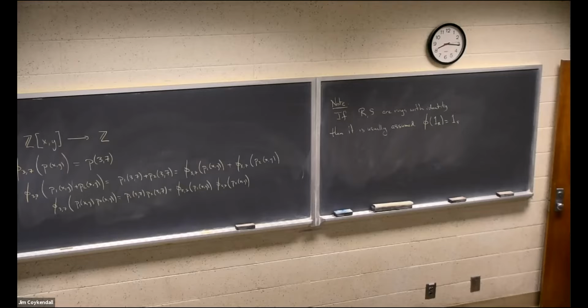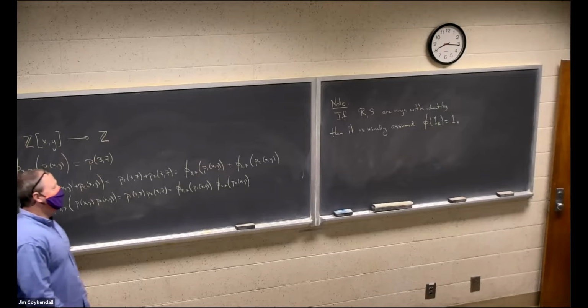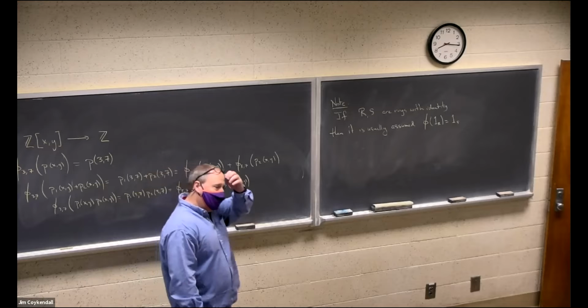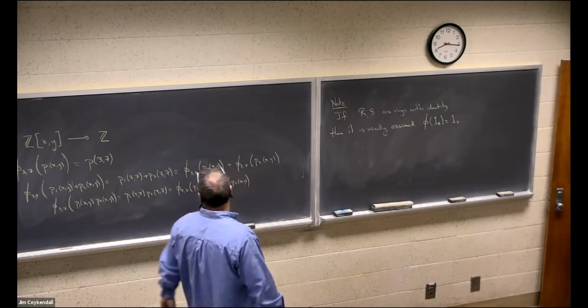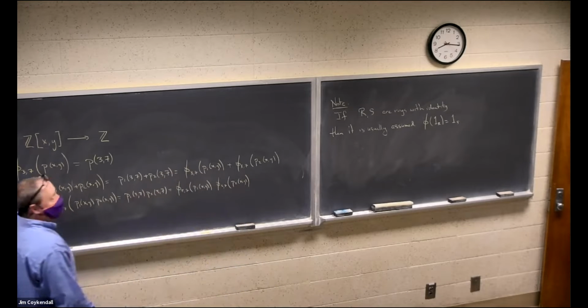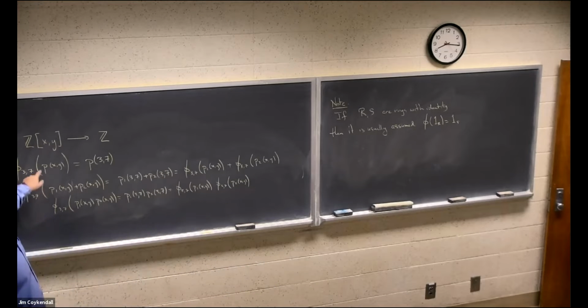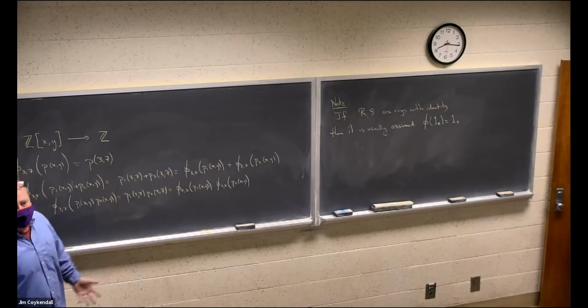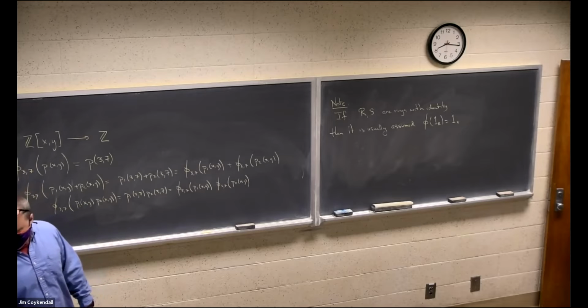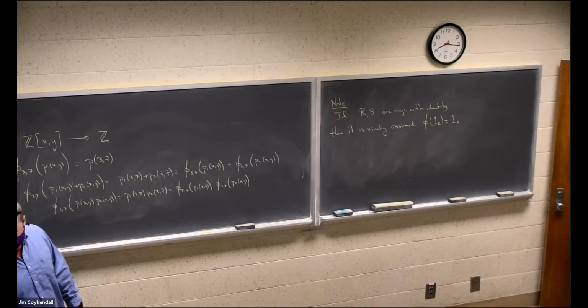But this would not obey this. Usually when they talk about homomorphisms of rings with identity, they use this assumption. Notice this is true for this one, because the multiplicative identity in polynomial rings is the polynomial 1, and when you plug in 3, 7 to the constant polynomial 1, you get 1. Okay. Any questions on that?